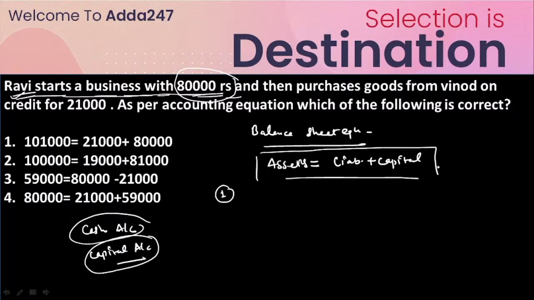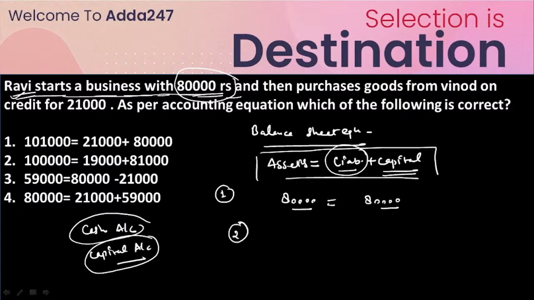So if we have to put this 80,000 rupees in this equation, how do we write it here? Currently there is no liability mentioned in this line, so we skip the liabilities portion. We just write here capital, 80,000 rupees.